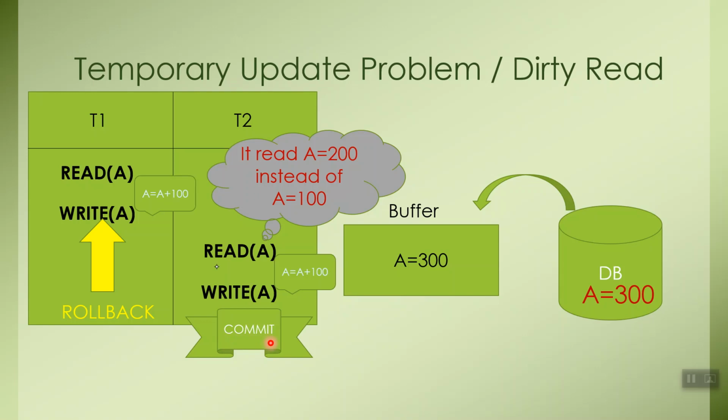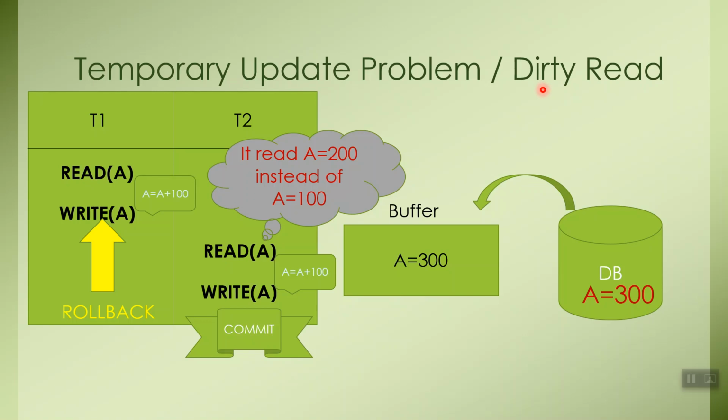And T2 has read the incorrect or dirty value from the temporary values that were updated by T1. So this kind of problem is called temporary update problem or dirty read problem, due to which it is going to leave the database in an inconsistent state.